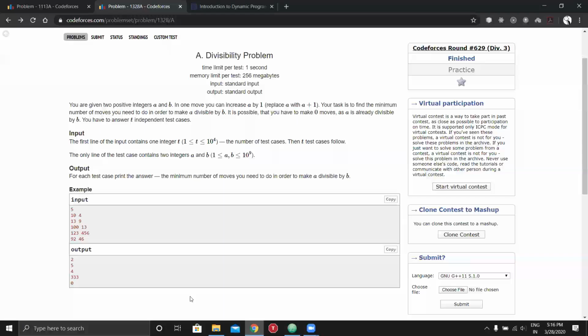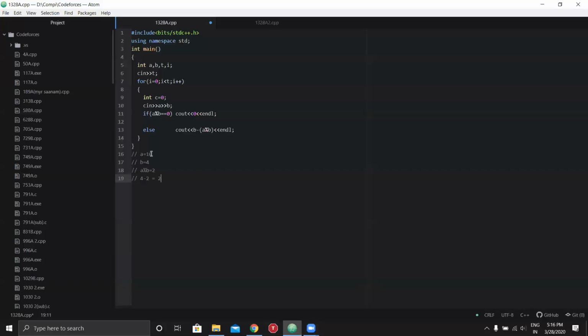Let's take the test case 123 and 456, for example. a is equal to 123 and b is equal to 456. Now what is a modulus b? 123 mod 456. Somebody tell me what 123 mod 456 is. What is the value of 123 mod 456?